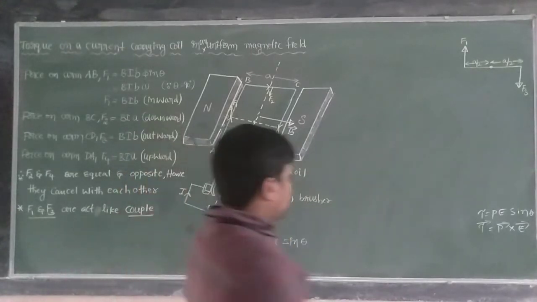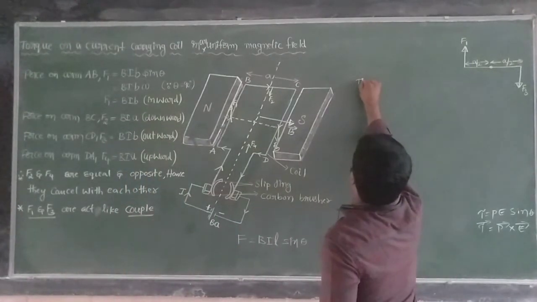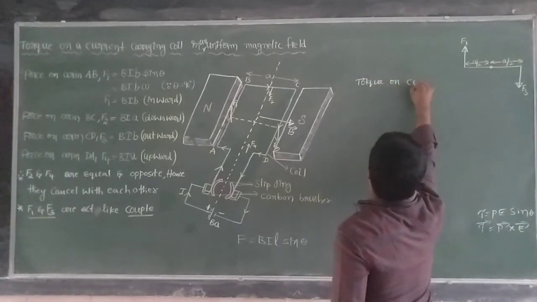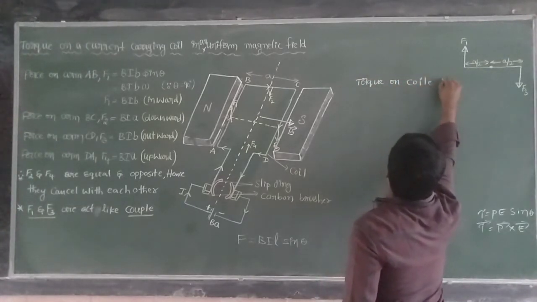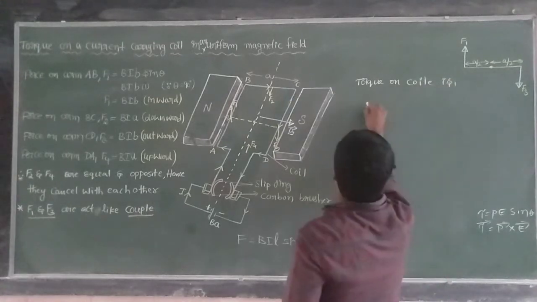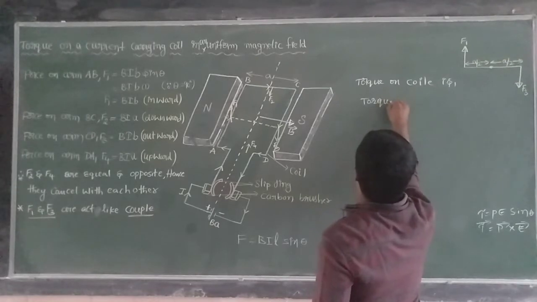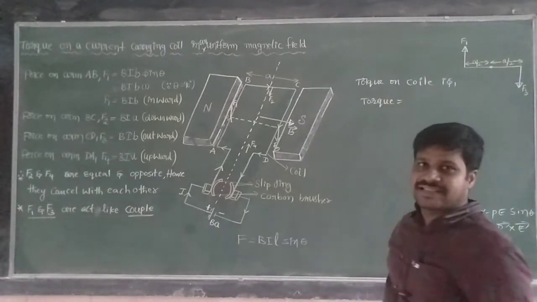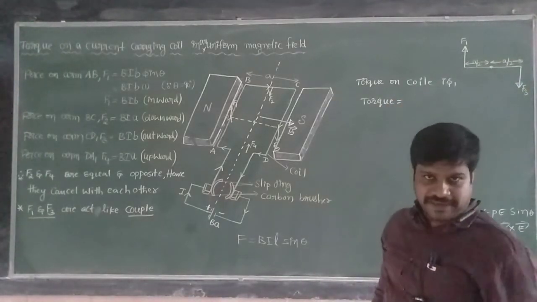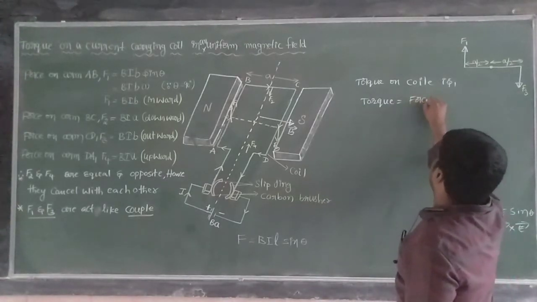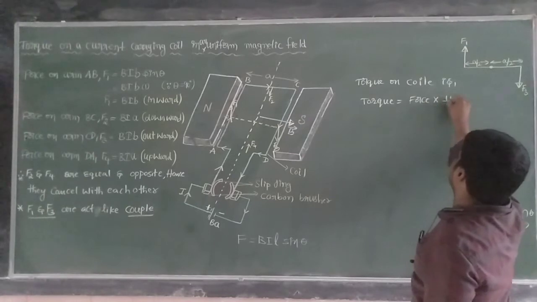Now see the torque on the coil. What is the formula? Torque is the product of force and perpendicular distance.